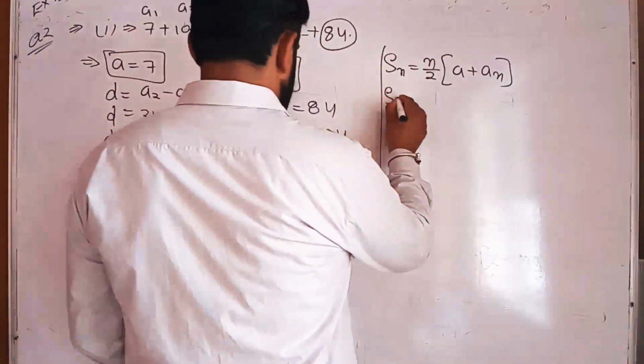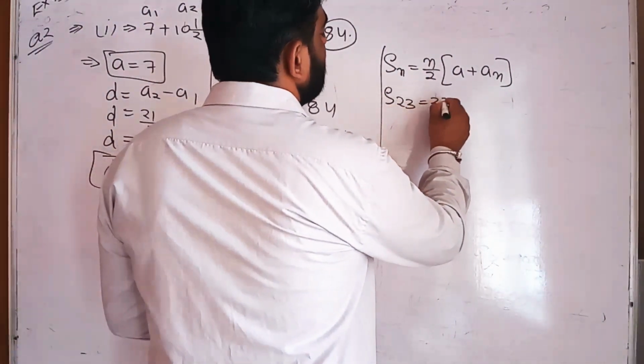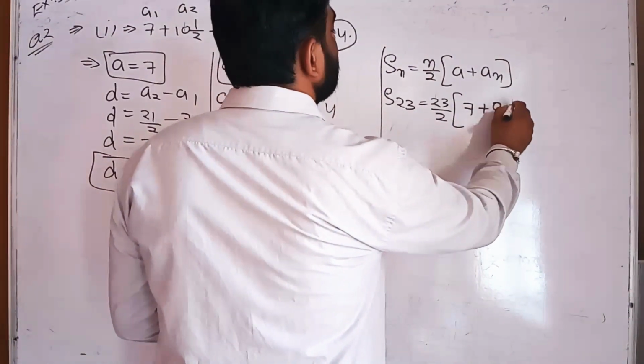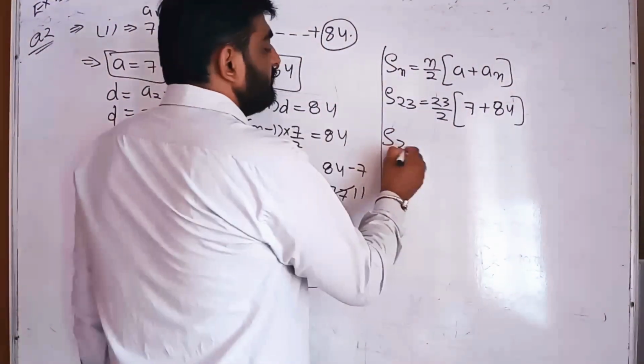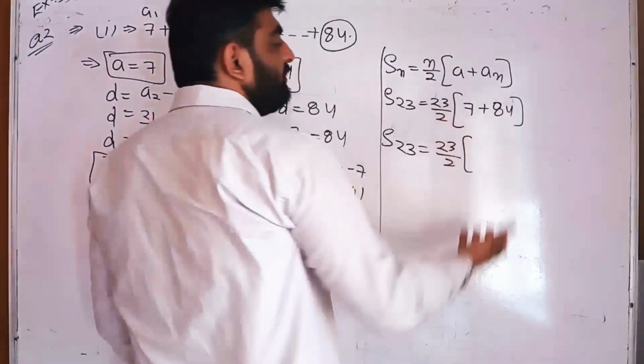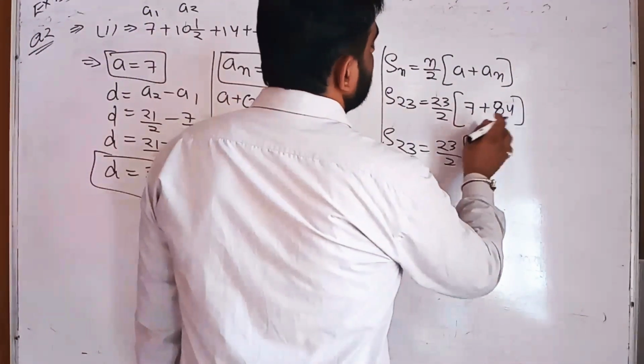So S23 is equal to 23 upon 2, where A is equal to 7 and AN is equal to 84. This is the easiest method to solve the question, because the value AN equals 84 is already given.